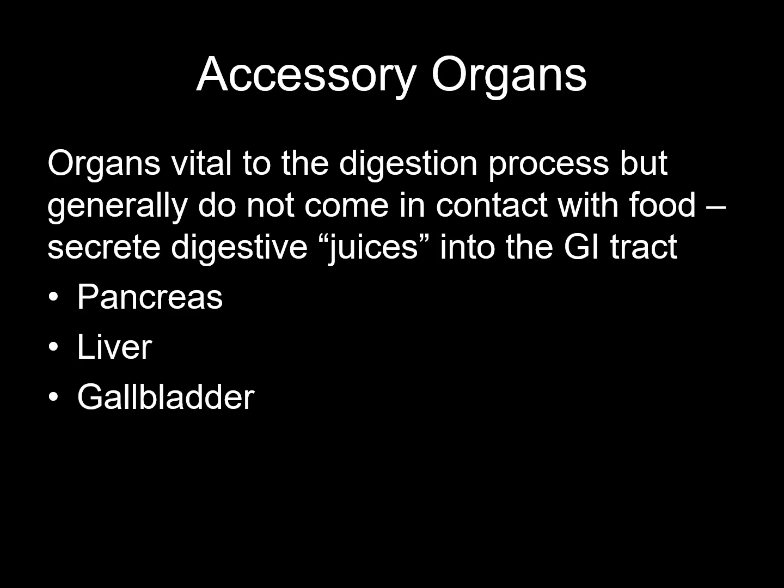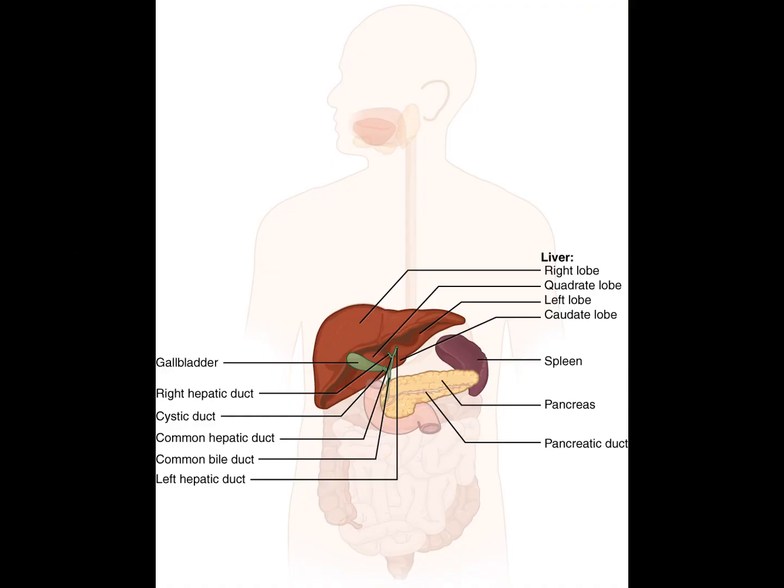So the pancreas, the liver, and the gallbladder are some of our major digestive accessory organs. And we have some in the mouth as well. Teeth, salivary glands and the tongue are all considered accessory organs. The teeth and the tongue don't follow the rule with not touching the food, but they do help to mechanically break down the food.